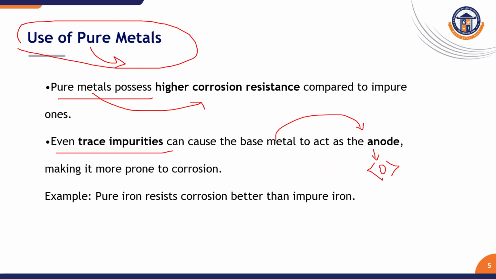Where the oxidation takes place, the iron mostly changes into ferric or ferrous ion, so that it leads to the formation of rust on the surface. We have also seen this in the earlier diagram. So trace impurities also lead to corrosion. For example, pure iron resists corrosion better than impure iron.